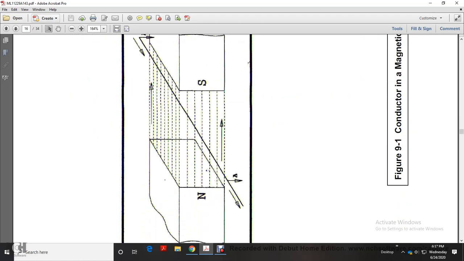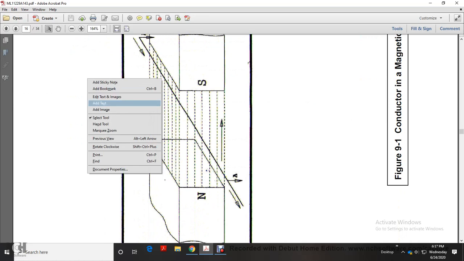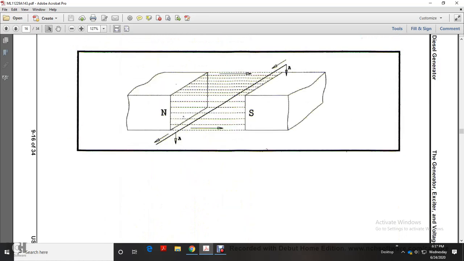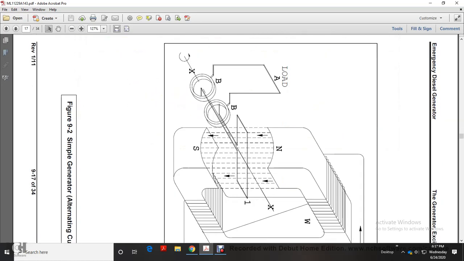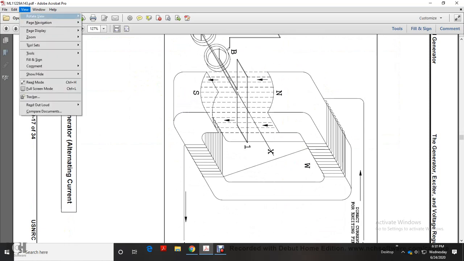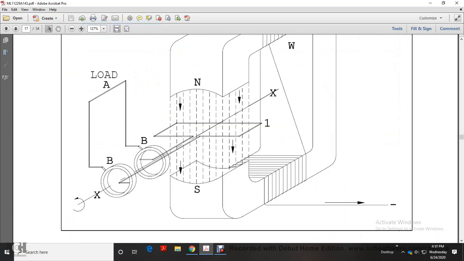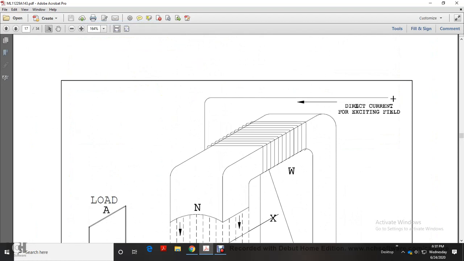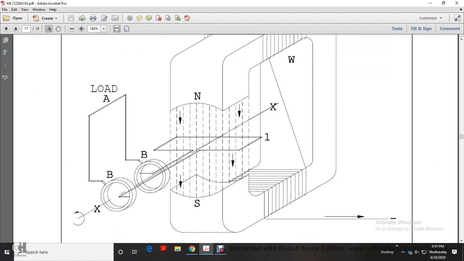This shows the figure. Figure 191 shows a conductor in a magnetic field. A direct current for excitation fields through the load.